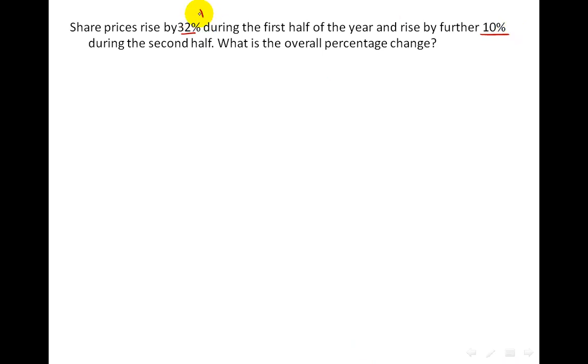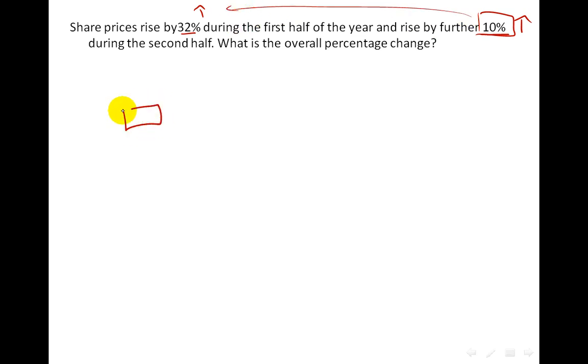So both are rises, that means both are increasing. So you have to do them separately first, then multiply them, because the second half is based on the first half also. Did you understand my point?